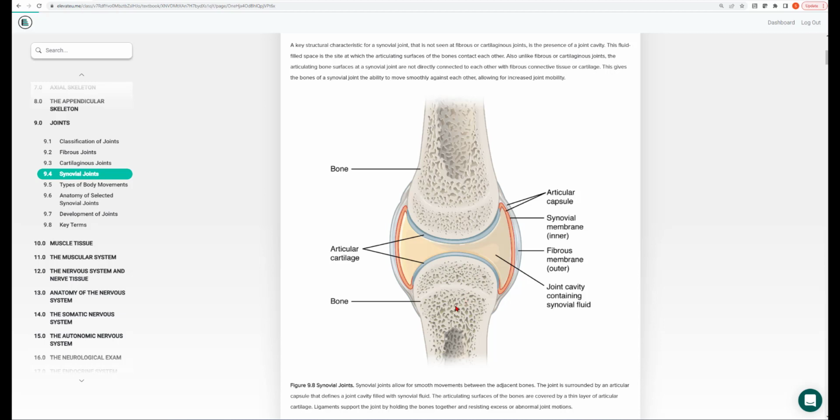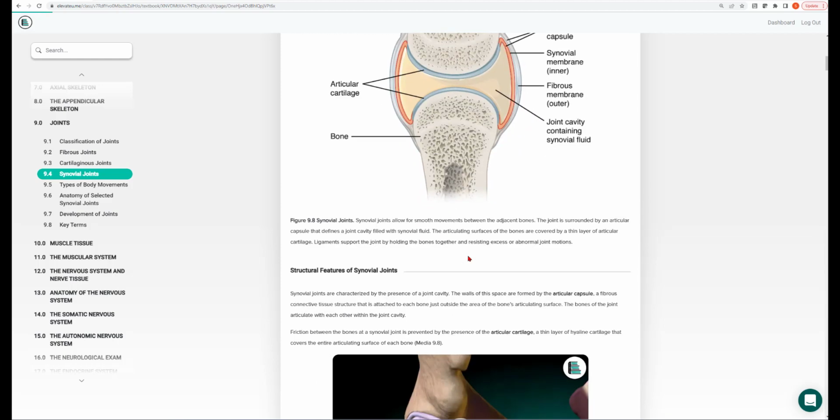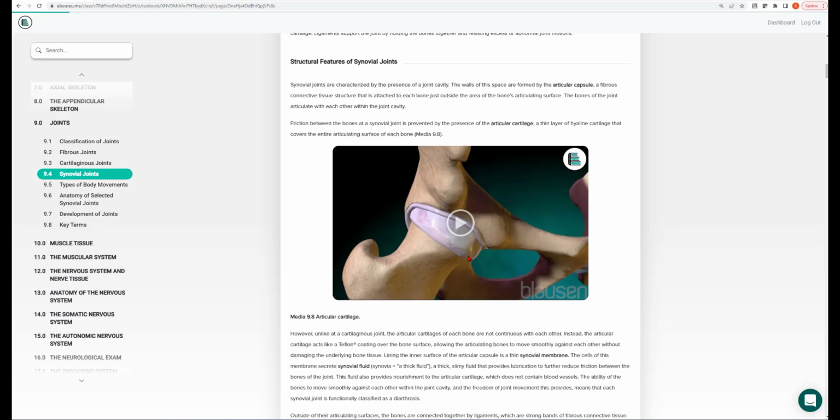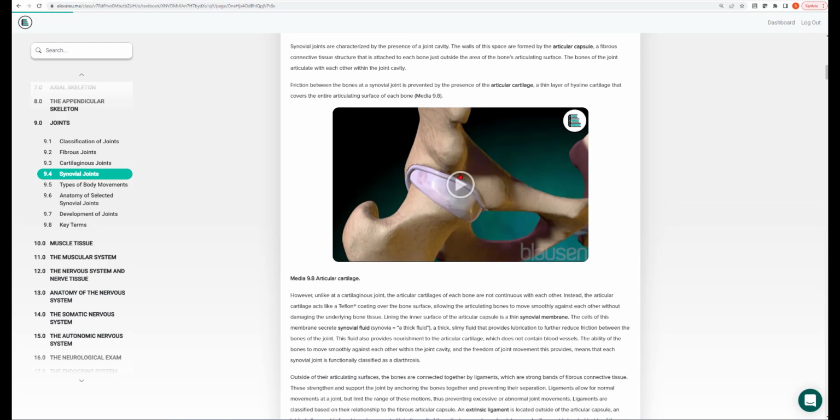This is not any particular joint, but we just see two bones coming together. You do see the hyaline articulating cartilage where the bones would come into near contact. But what's different is that there's this joint space filled with the synovial fluid. That capsule that is around it is going to hold in that fluid.